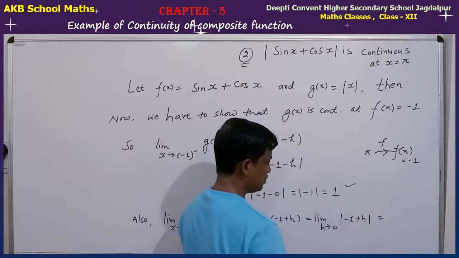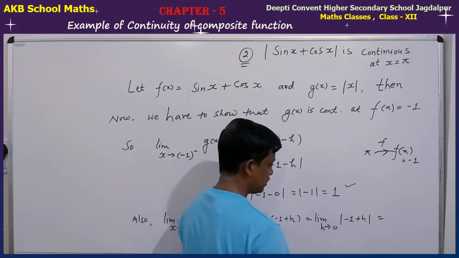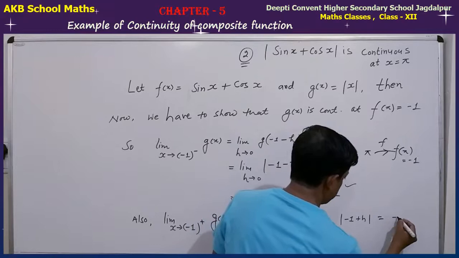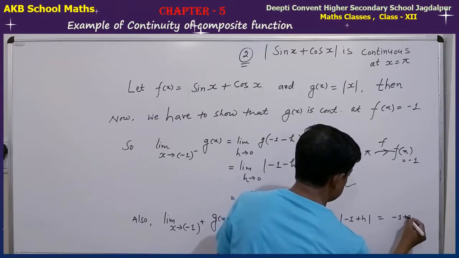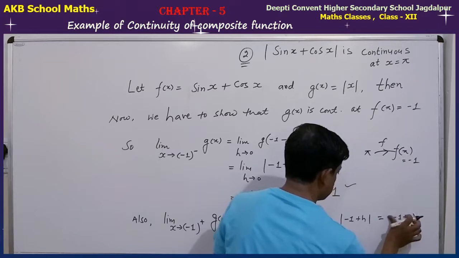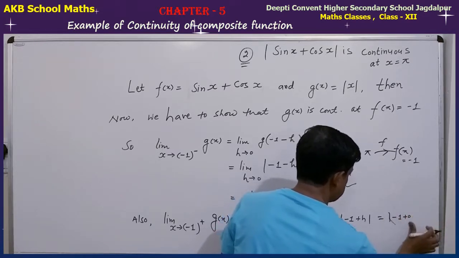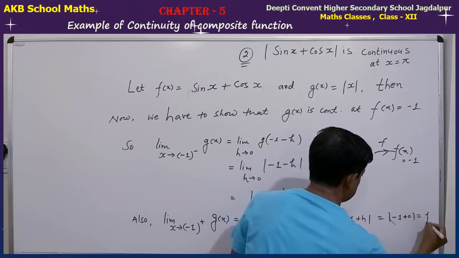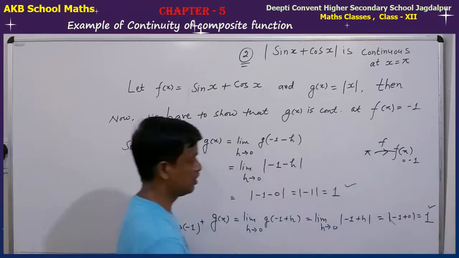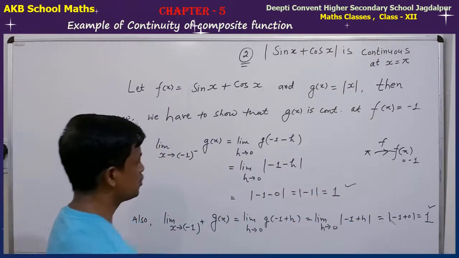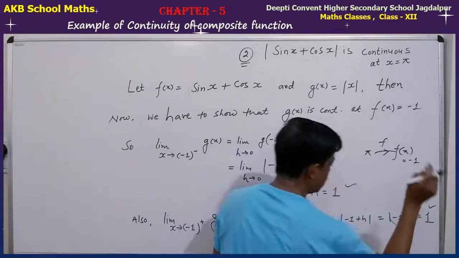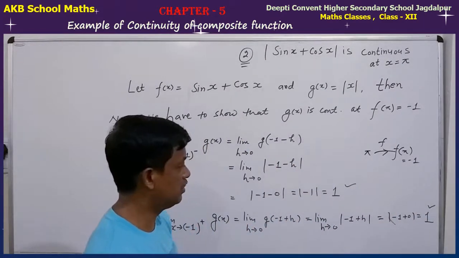You can put h equal to 0, then this gives |-1 + 0|, the mod of this is also 1. Mod of -1 is 1. So both limits are equal, the left hand limit and the right hand limit.